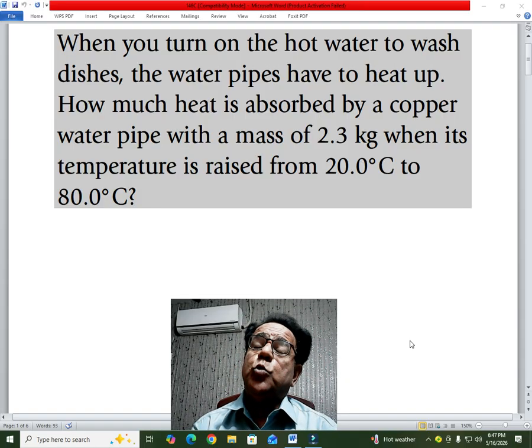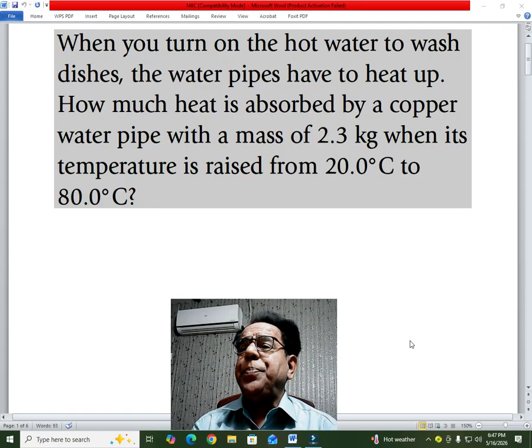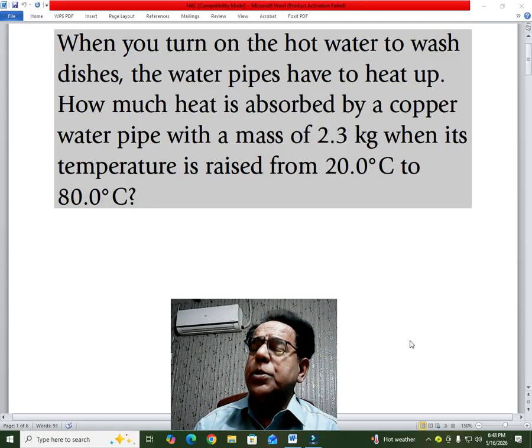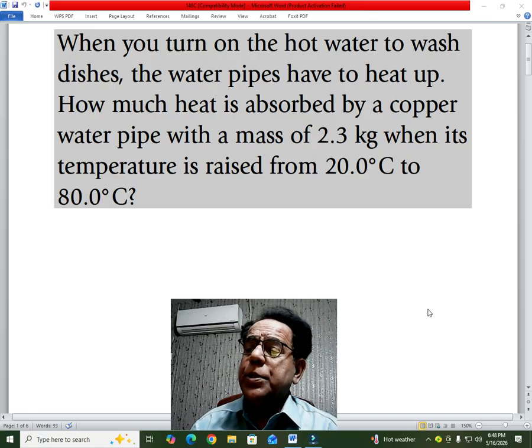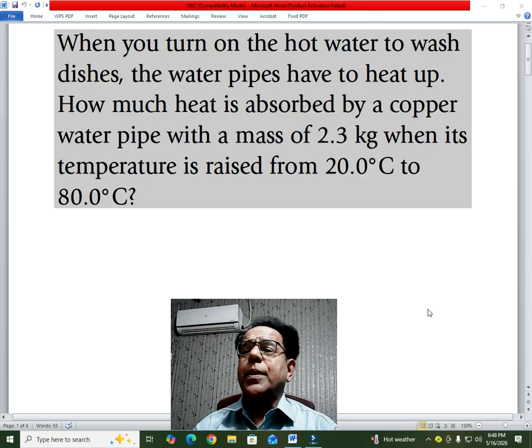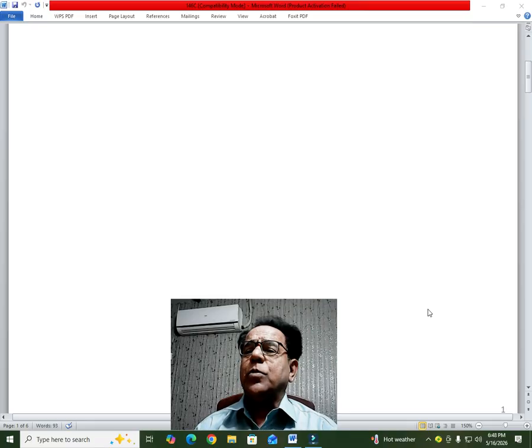Dear students, moreover, the formula which we are going to apply in order to solve this problem contains specific heat, which is a constant, and this constant will be taken from the table of physical constants.